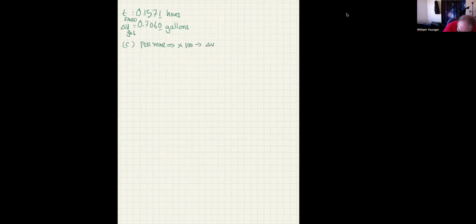So delta V gas per year equals 100 times per year, multiplied by, again, we're just talking about the extra gas right now, 0.7060 gallons. And that gives me delta V gas per year.